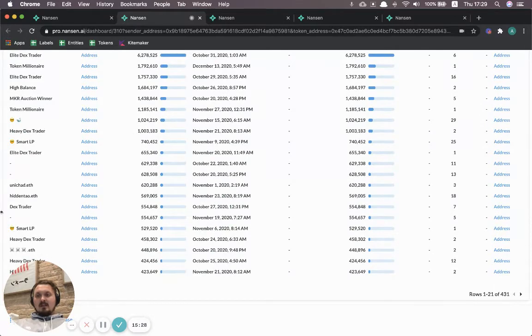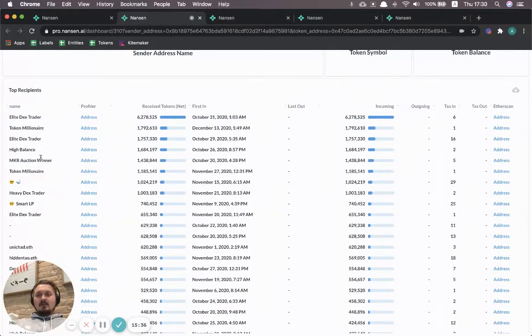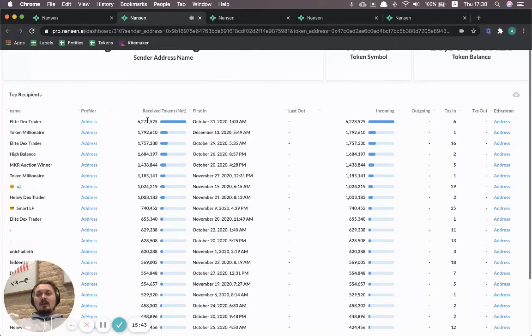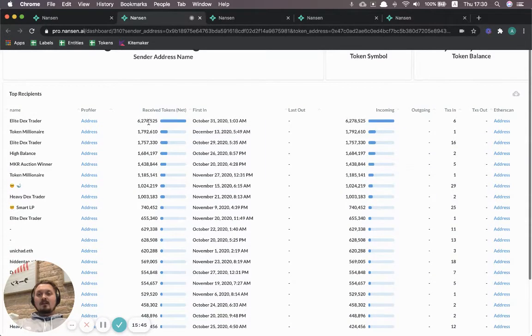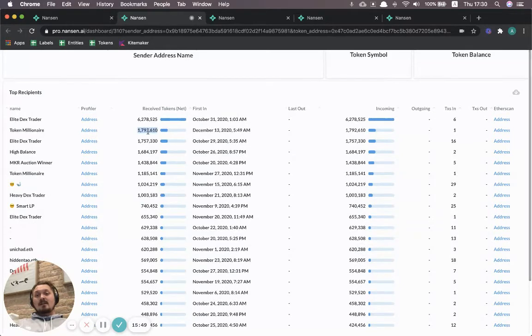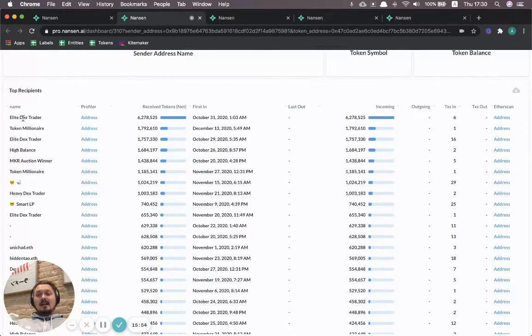Here's another smart LP, some heavy DEX traders, some ENS names, maker auction winner. That's kind of interesting. But very notably, you have this elite DEX trader on top with 6.2 million rHEGIC tokens received, which is more than 3 times as much as the next one on the list. So I have a feeling this is the same address we were looking at before, but we can confirm it. So let's just click through.